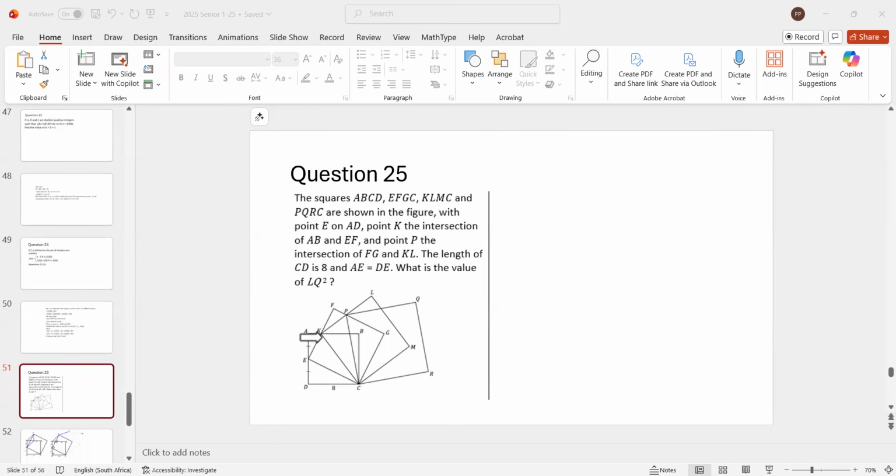Where it intersects this line here, K, you draw a square, right? And then on this square here, you take the midpoint. This is the midpoint here. And you go up to that, like that. And the question is, what is the value of LQ squared? Frightening, very frightening problem.